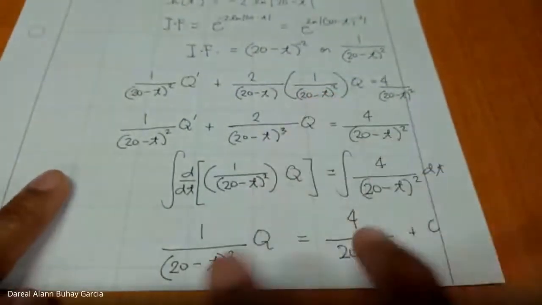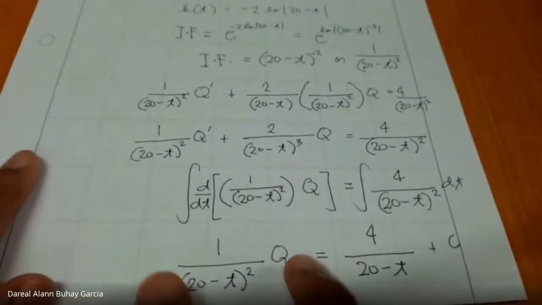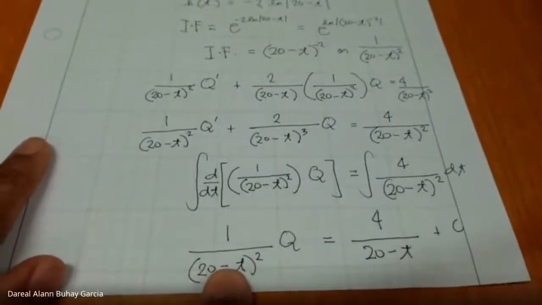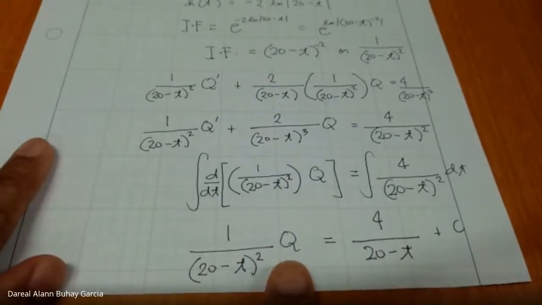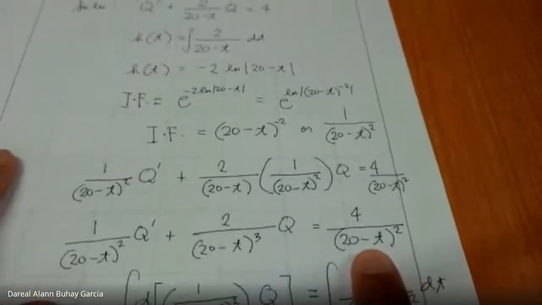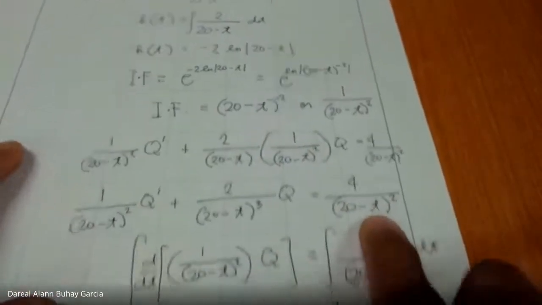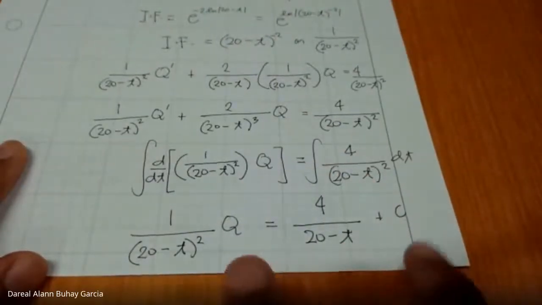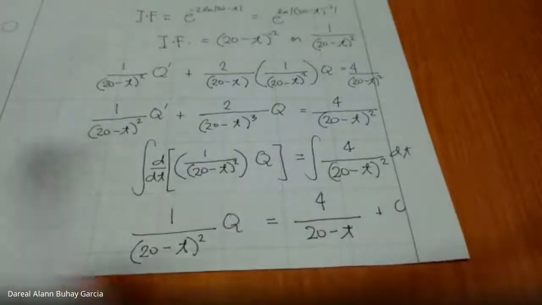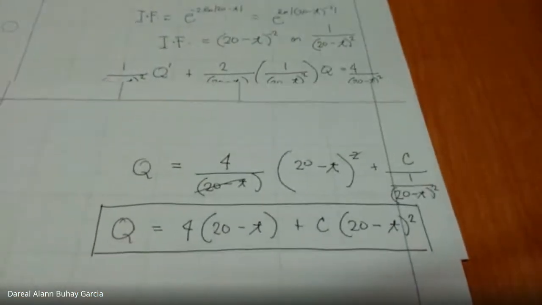Ang outcome is a product of the integrating factor and the dependent variable. Even ang right side, i-multiply gapon sa integrating factor, then i-integrate, tapos answer. After this, i-algebra na lang dayon. And hence the final answer.